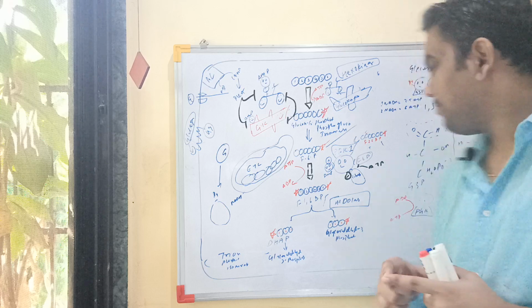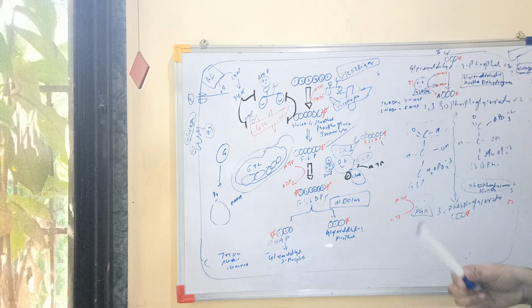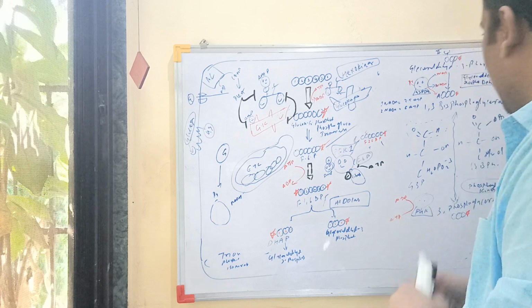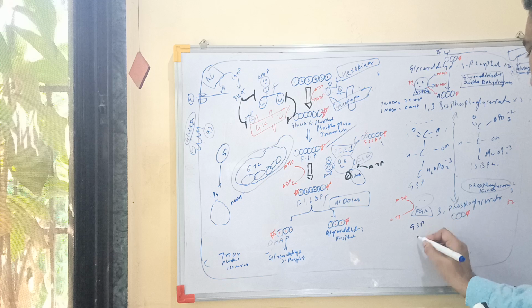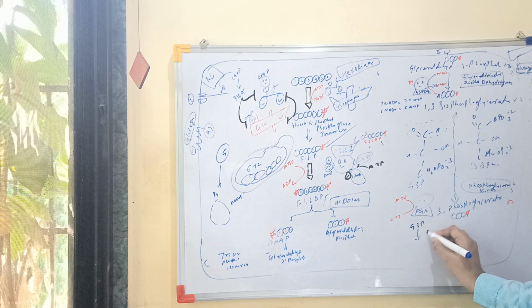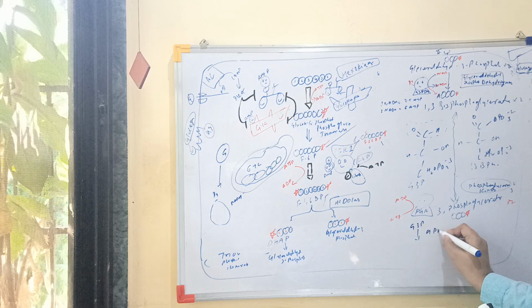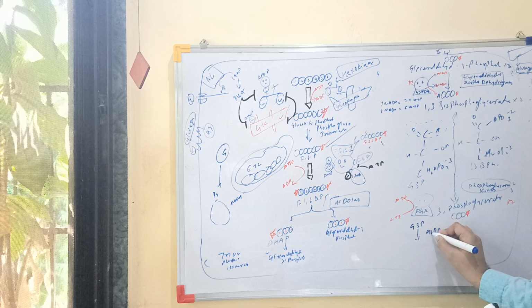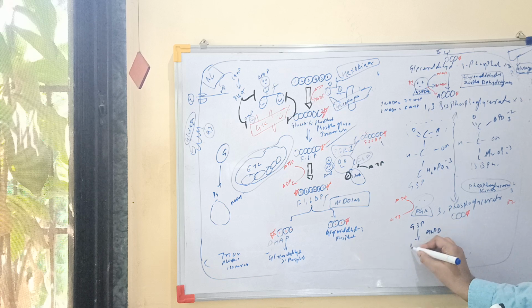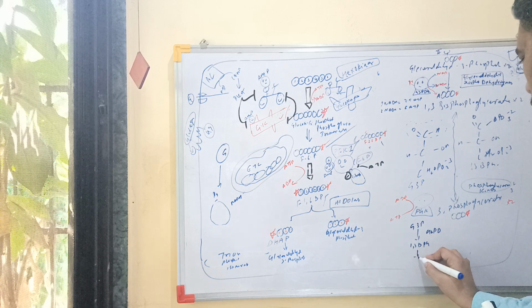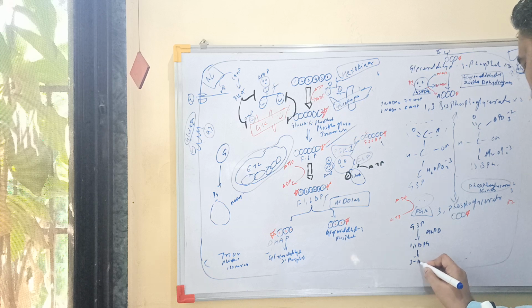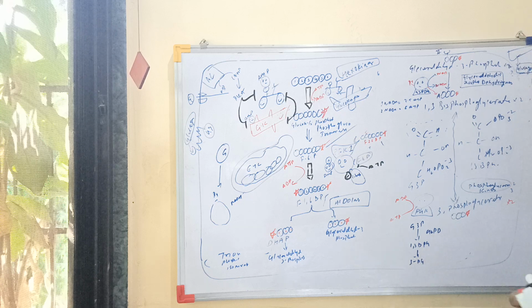Are you understanding? Okay, let me make a point over here. So you have glyceraldehyde 3-phosphate, there was the enzyme glyceraldehyde phosphate dehydrogenase, and then you got 1,3-bisphosphoglycerate, and then you got 3-phosphoglycerate.